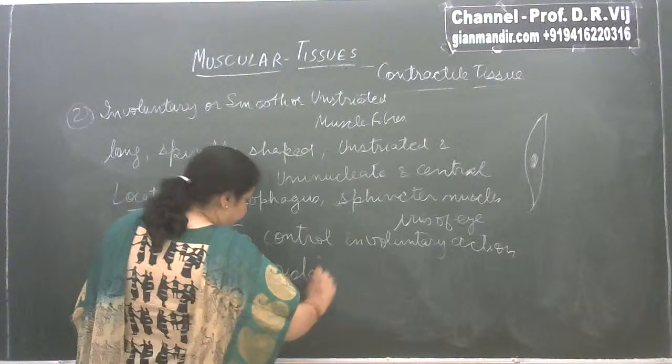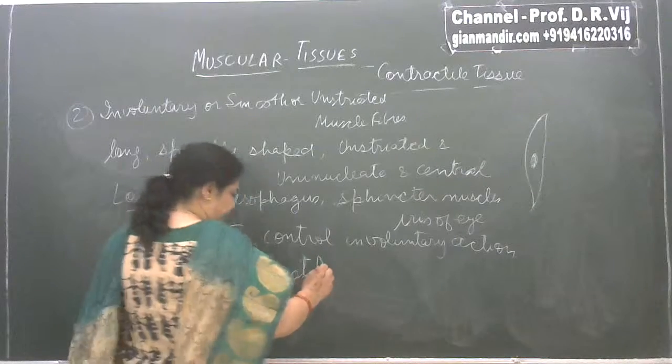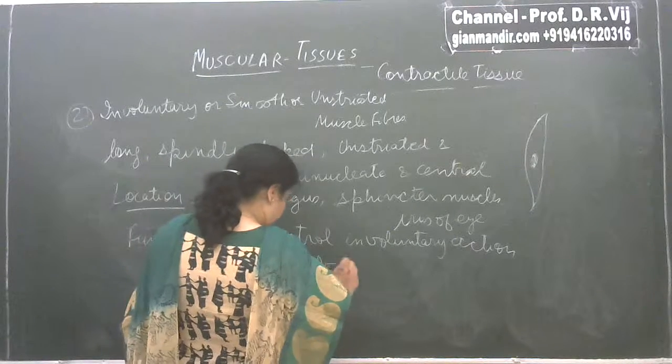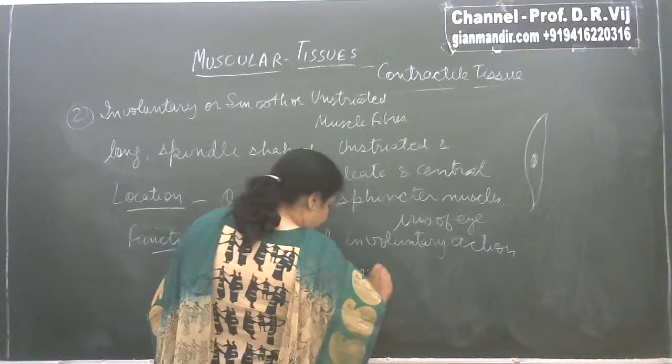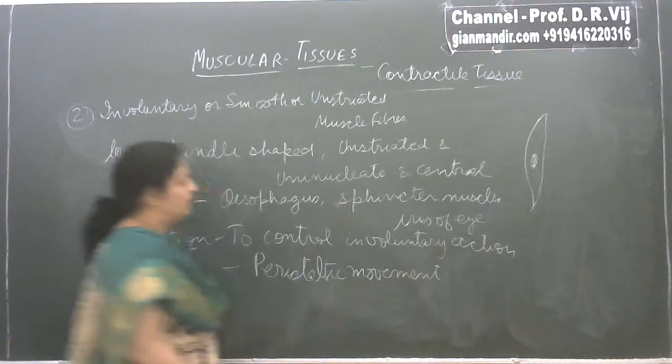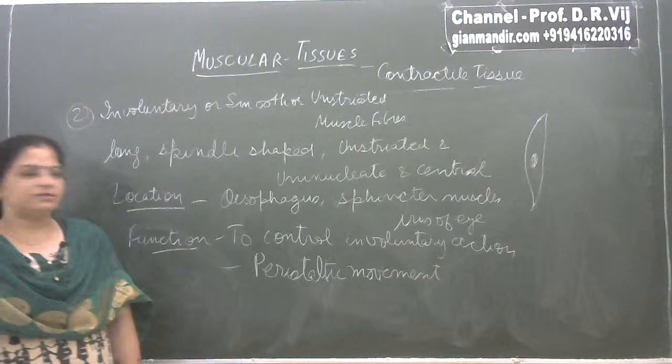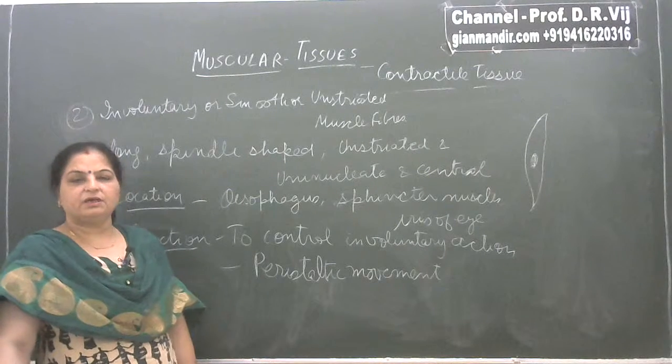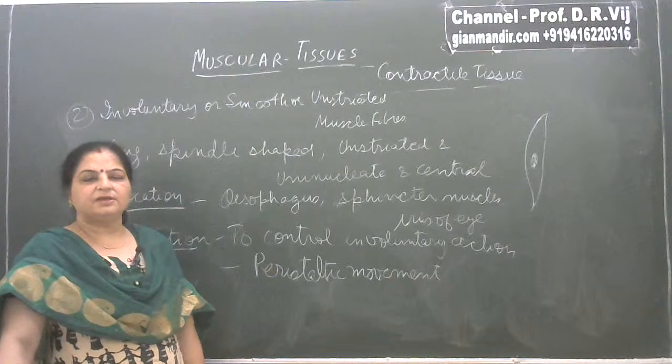So, these peristaltic movements in food pipes are caused by these involuntary muscles. Other than that, they are also found in sphincter muscles.